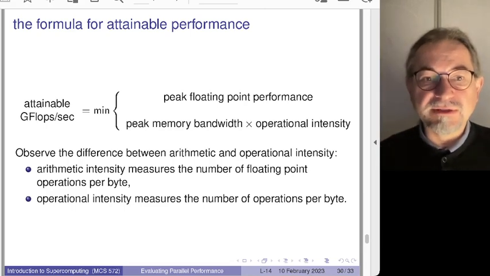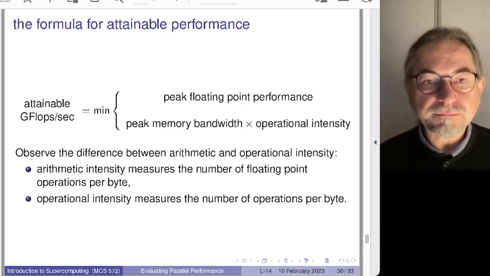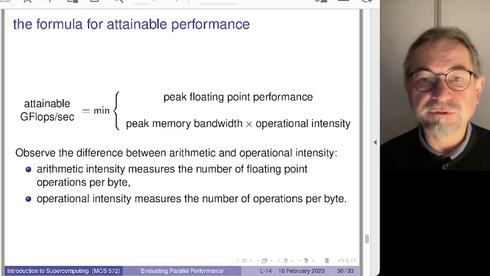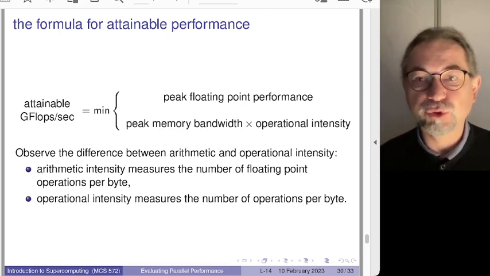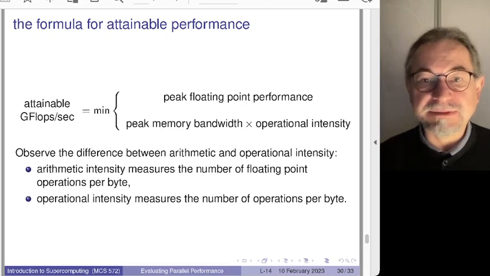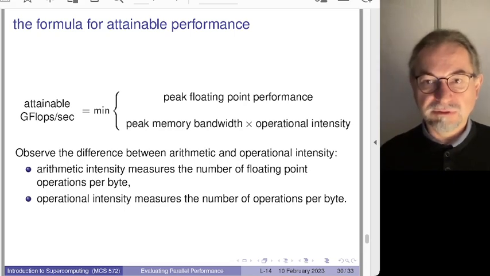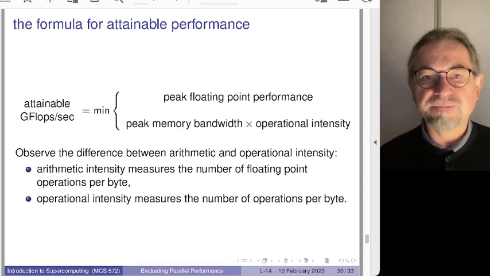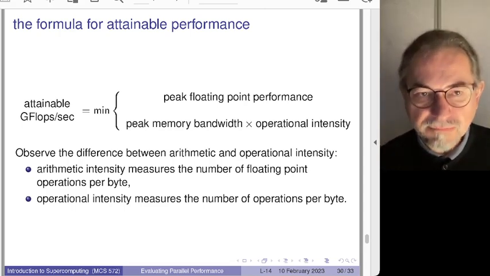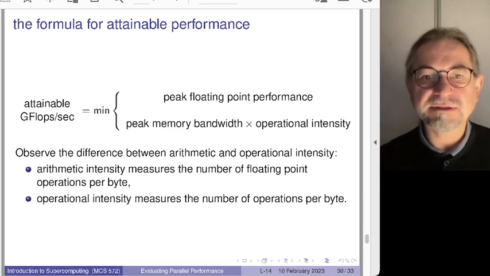So what is now the formula? Obviously the peak floating point performance is going to determine the upper bound, so that's the obvious upper bound. But then you have the memory bandwidth multiplied by the operational intensity. Notice the units. Peak floating point performance is typically expressed in gigaflops per second.